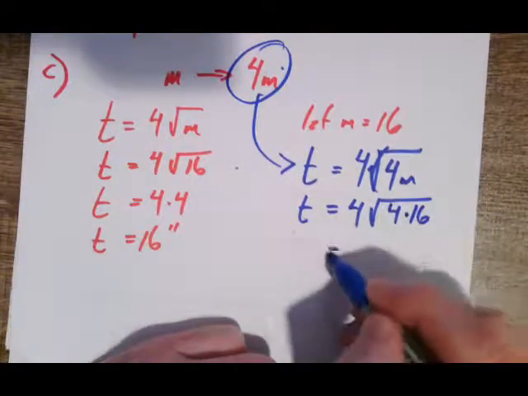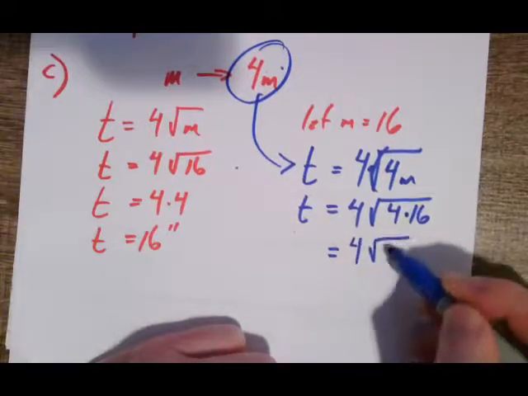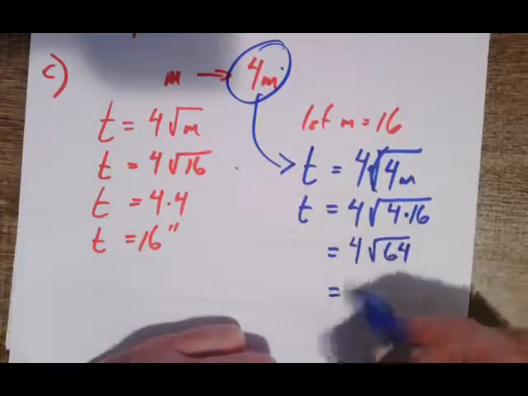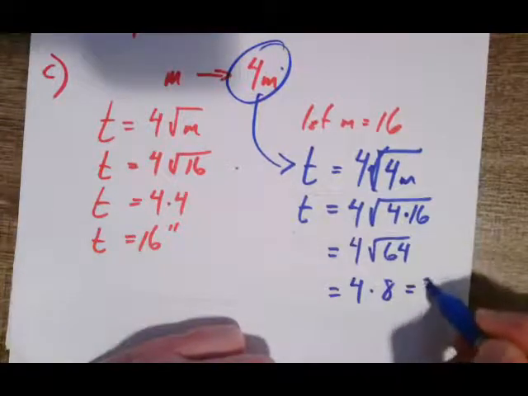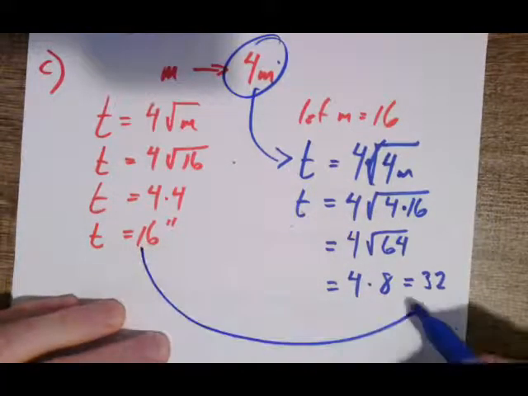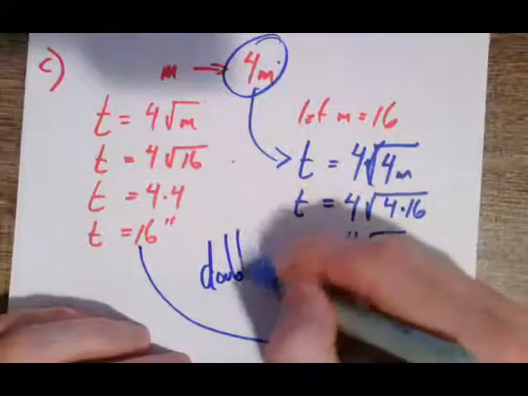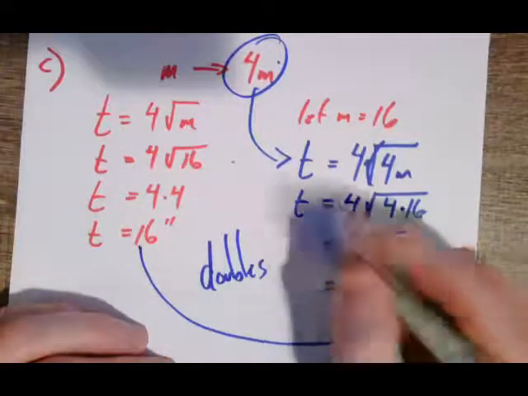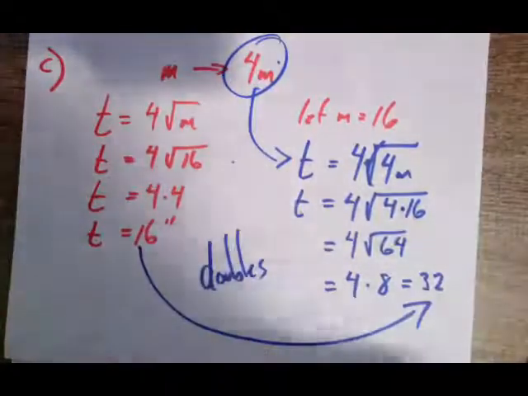Why did I pick such a big number? 4 times 16 is 64. Oh, it's not that big. 4 times the root of 64. Root of 64 is 8. 4 times 8 equals 32. So it goes from 16 to 32. So what happens is the thickness doubles. When the mass is increased by 4, the thickness doubles.